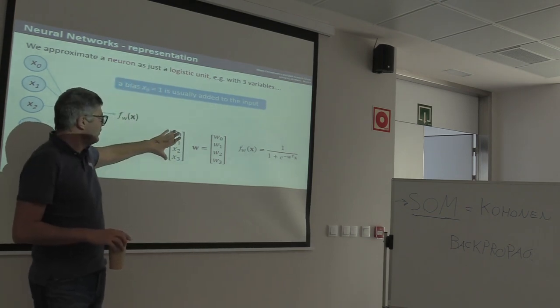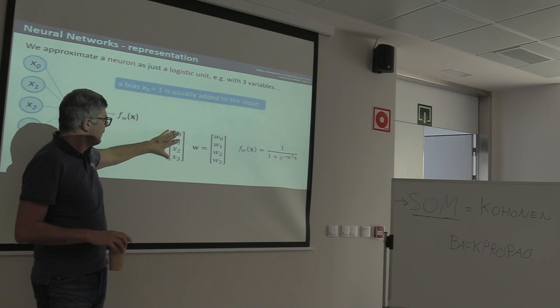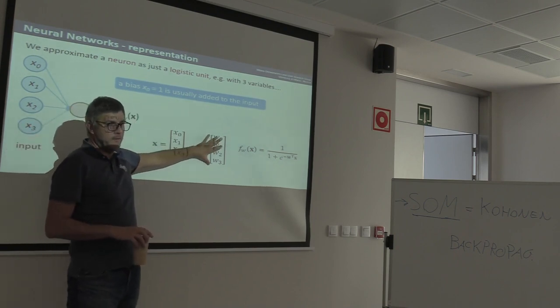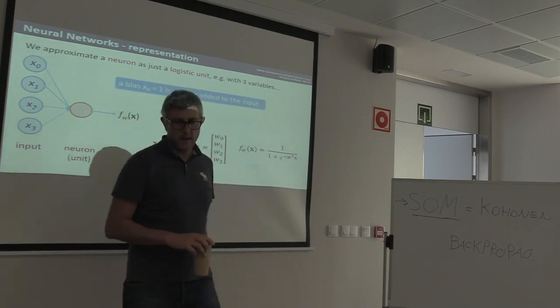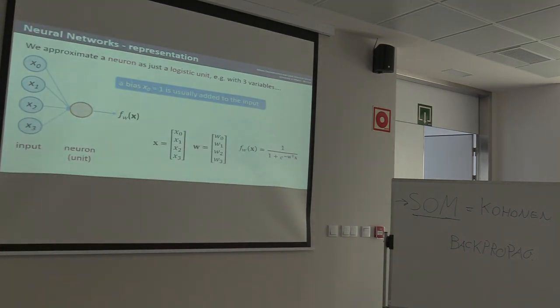This is the input vector for our sample, where this is equal to 1, and this is the set of weights that we use to get this linear combination.